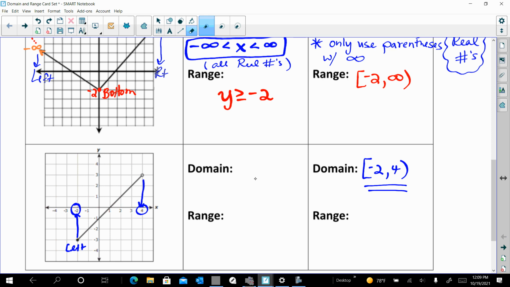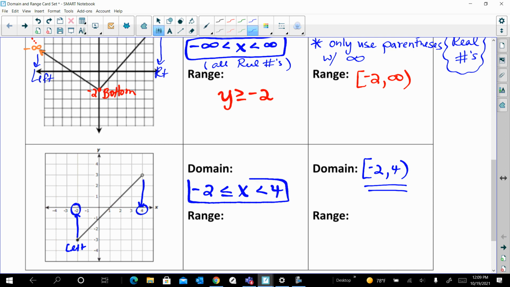Would it be -2? -2 what? Less than or equal to x, then 4. Yes. So domain is start to finish, left to right.